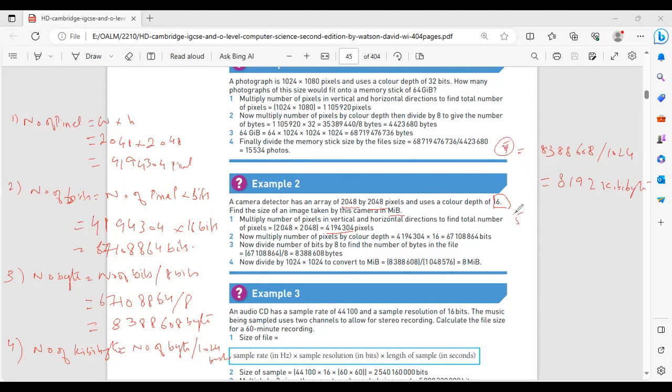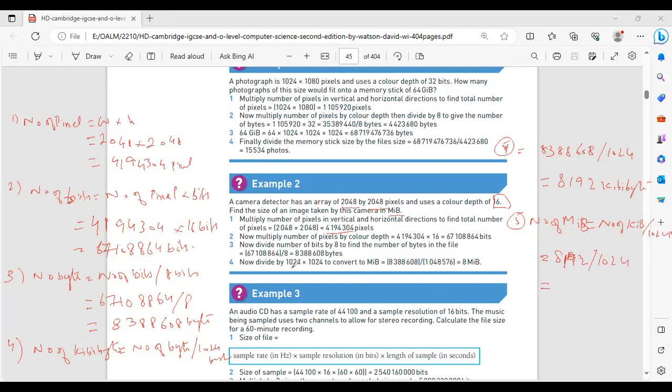Now we have to move to the fifth step: the number of megabytes. You need the number of KB divided by 1024. So 8192 KB divided by a further 1024.